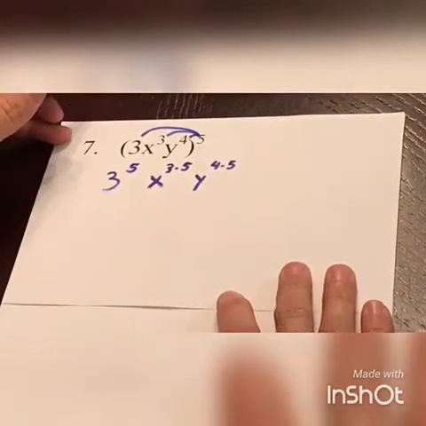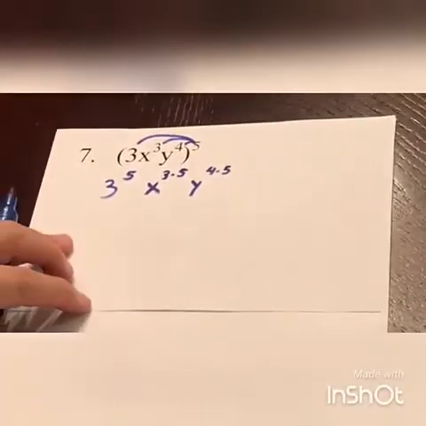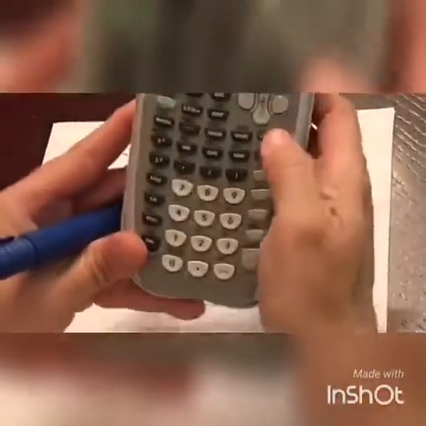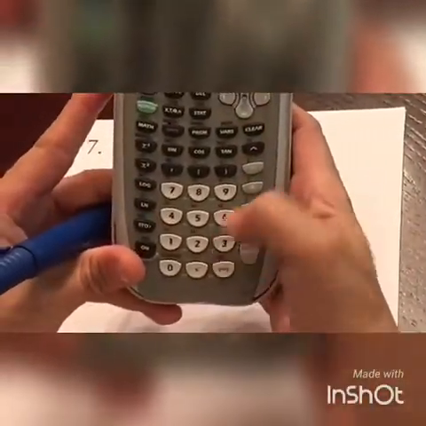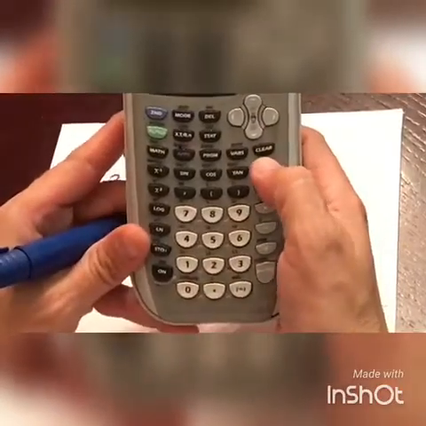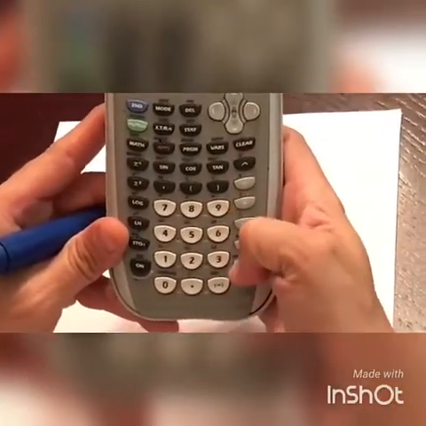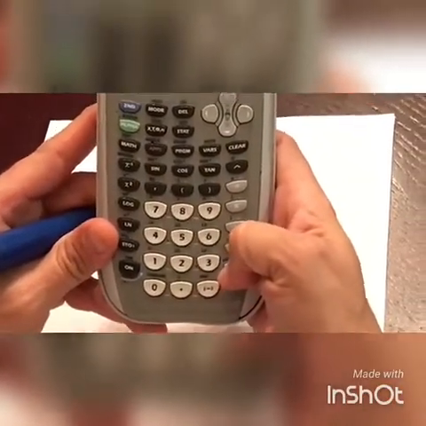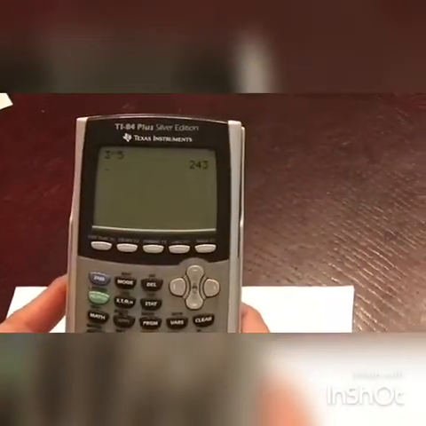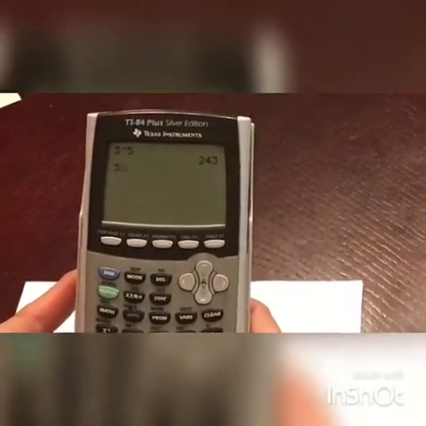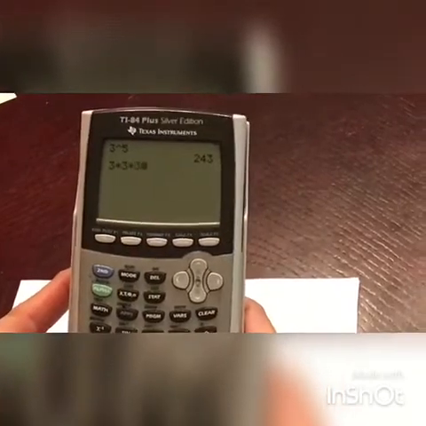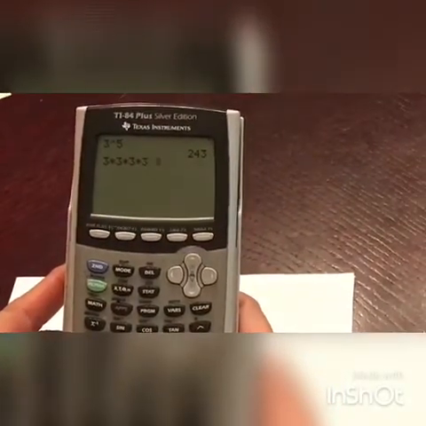3 to the 5th power. Continuing to practice it on the calculator. 3, exponent, to the 5th power. Enter. 243, or 3 times 3 times 3 times 3 times 3.